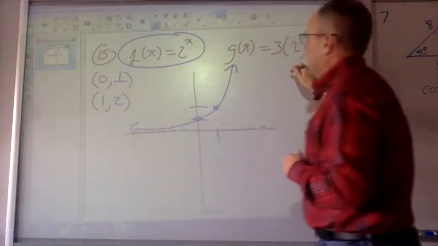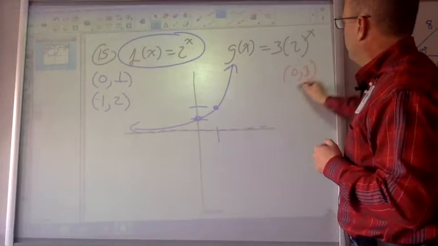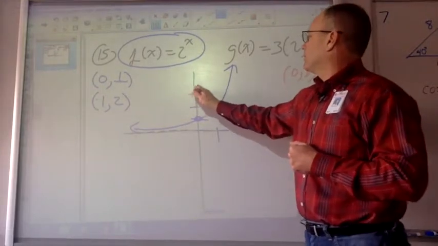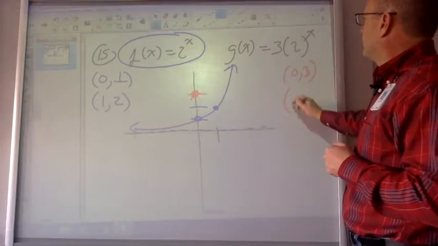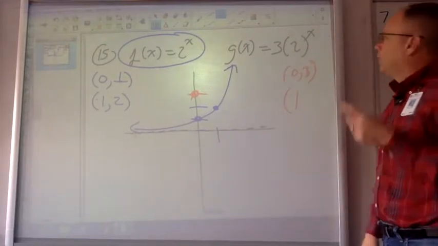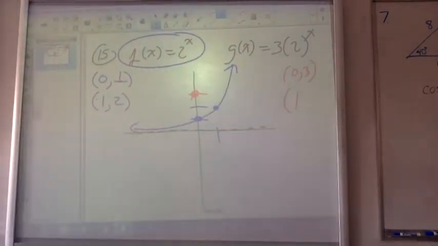Go to this one, do the same thing. 0, 1, or 0, 3. And then, so if I plug in, 2 to the 0 is 1, 1 times 3 is 3. Flare off that a little bit.